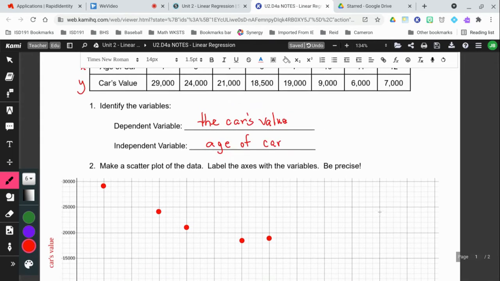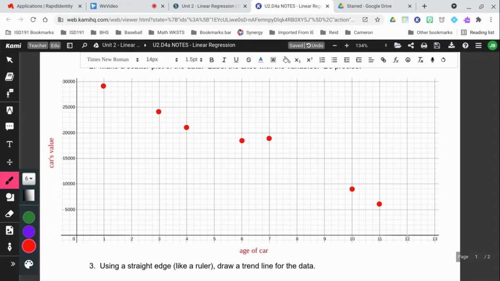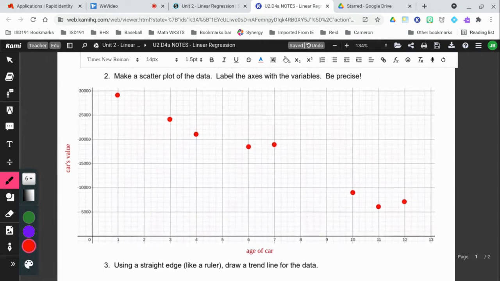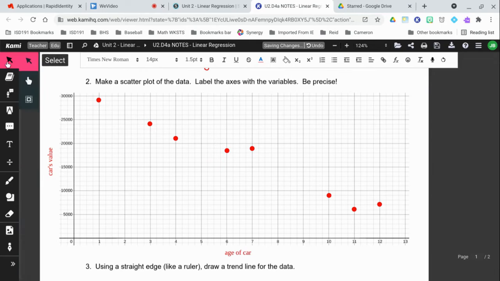And 12 years old was $7,000. All right, so there's our scatter plot with the different points representing the car's value for the different ages of cars.